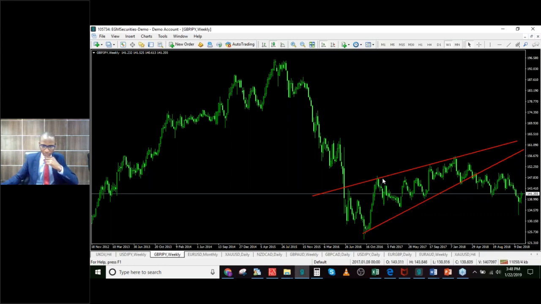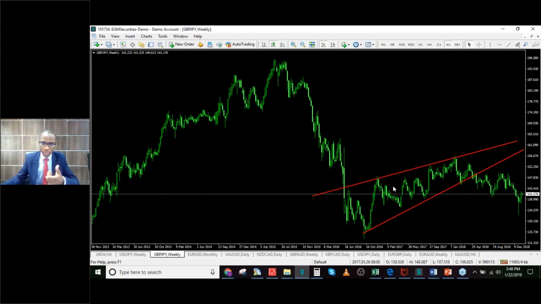You see the upper boundary, the resistance line up here, and the lower. You see the difference between. You remember in my definition when I was stating the difference between how we come about wedges and how we come about triangles.